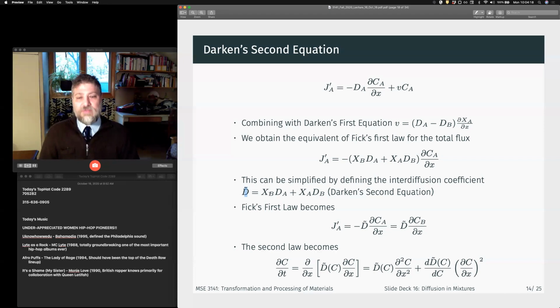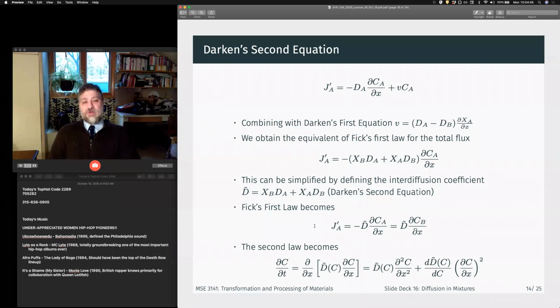That's really the key thing to understand. And it comes about in a way that accounts for both the diffusive flux of A and B, the net vacancy flux of A and B, and the convection due to moving lattice planes in our sample.